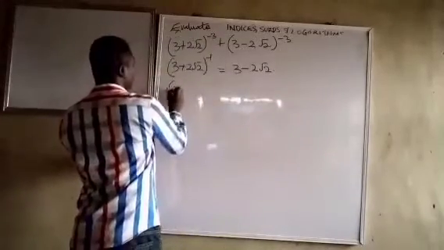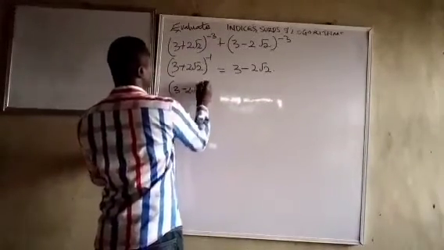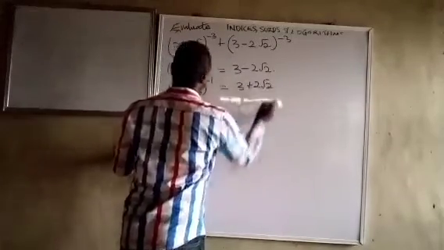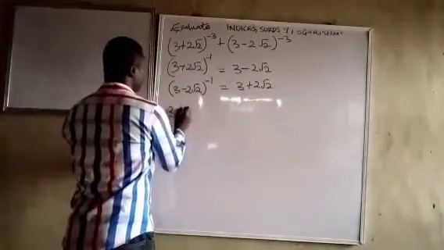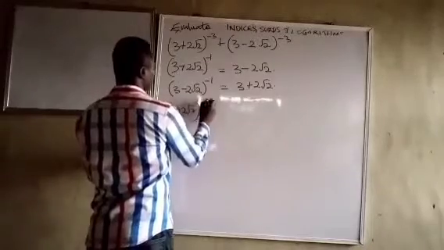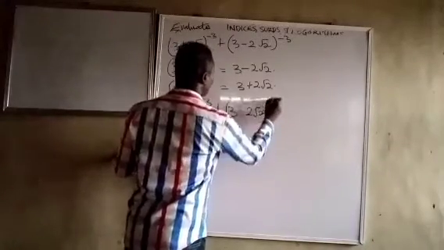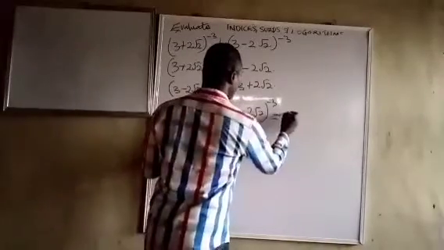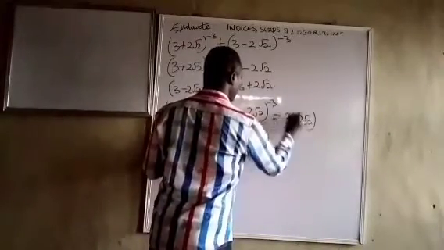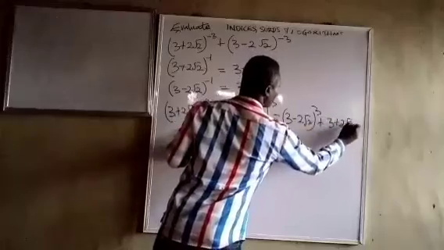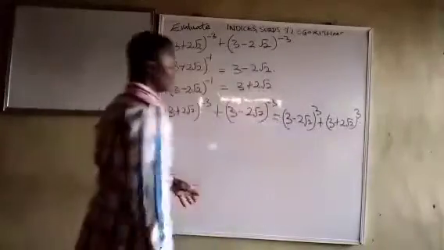For this one too, 1 over 3 minus 2 root 2 is equal to 3 plus 2 root 2. So in essence, the expression will give us 3 minus 2 root 2 raised to the power 3 plus 3 plus 2 root 2 raised to the power 3.